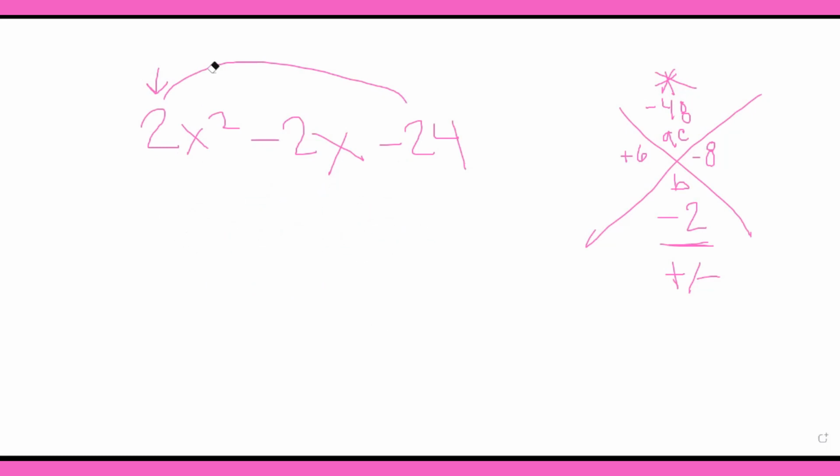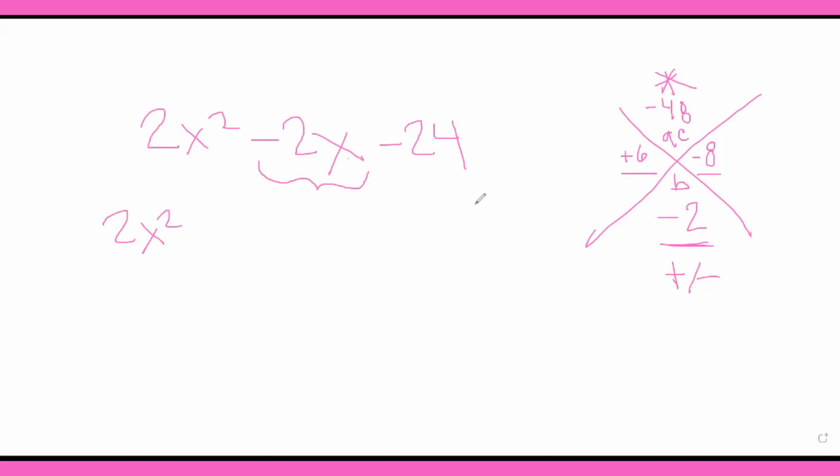When we do have an a term, in this case, we have to go back to factor by grouping. We did this in the T-chart method in my last video, so you can check that out if that makes more sense to you. Same thing here. We're going to replace this middle term with my two factors that I've come up with here.